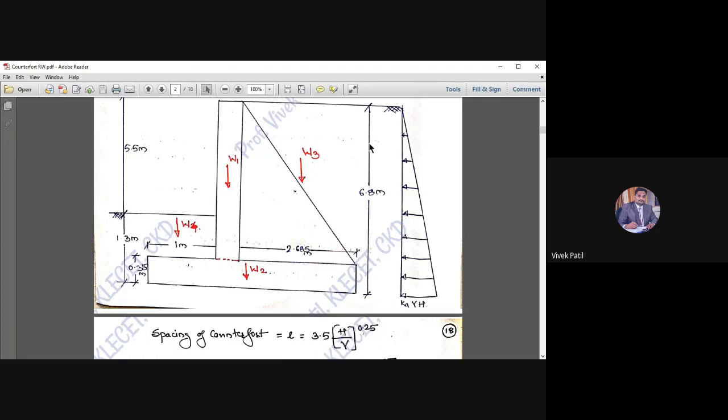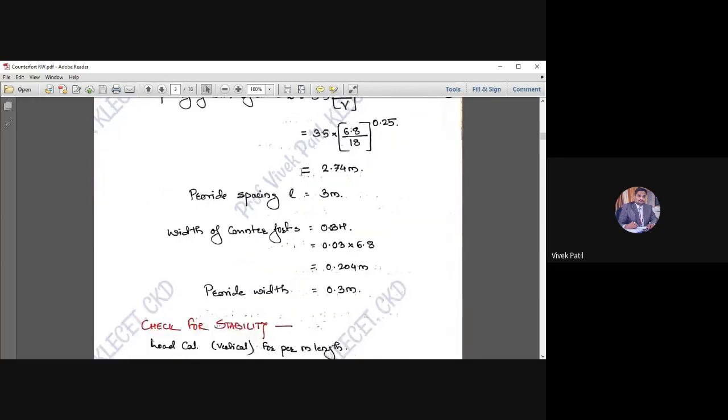Height will be 6.485, into 2.685 into the unit weight of soil, gamma, 18. So calculate the value of W3: 2.685 into 6.485 into 18.